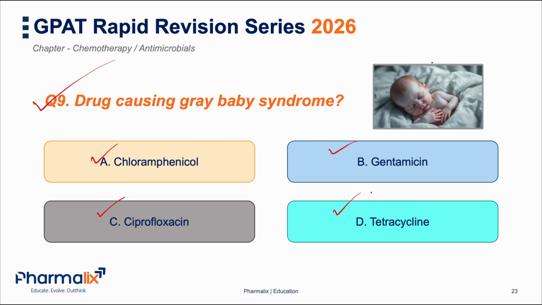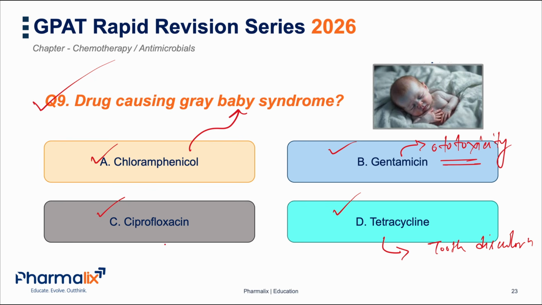So first of all, let's discuss one by one. Let's begin with chloramphenicol. So chloramphenicol is the correct answer. It causes grey baby syndrome. And what about gentamicin? Gentamicin causes ototoxicity. So see, we will follow the elimination method here. If we talk about tetracycline, tetracycline causes tooth discoloration in babies.